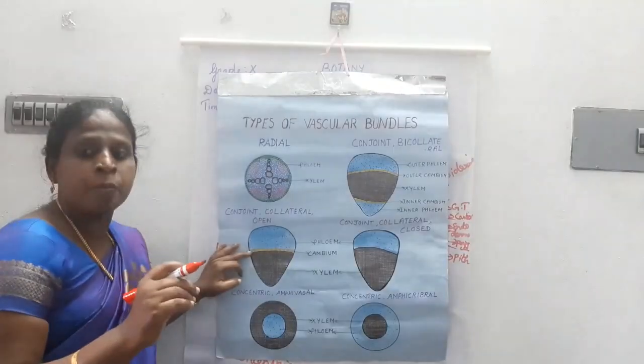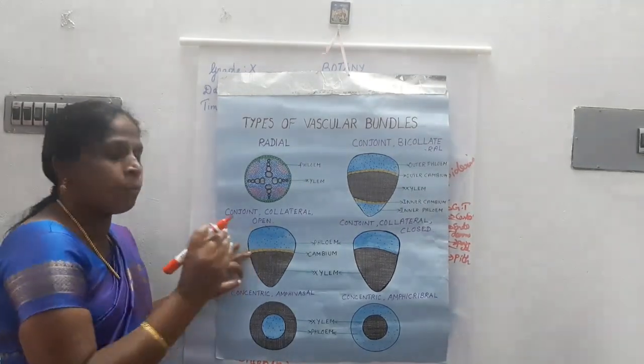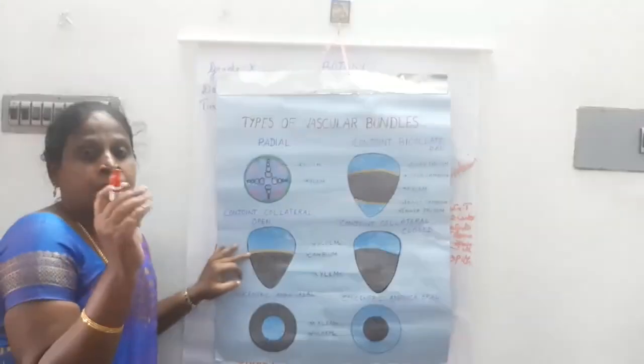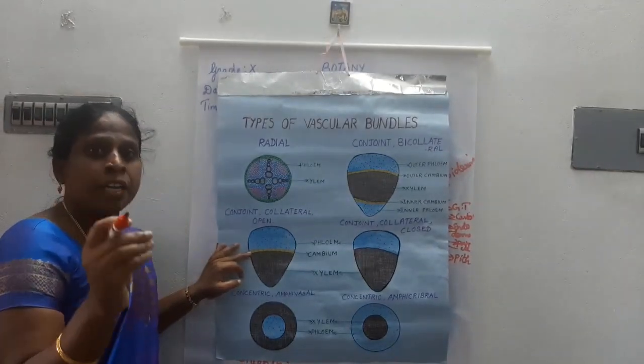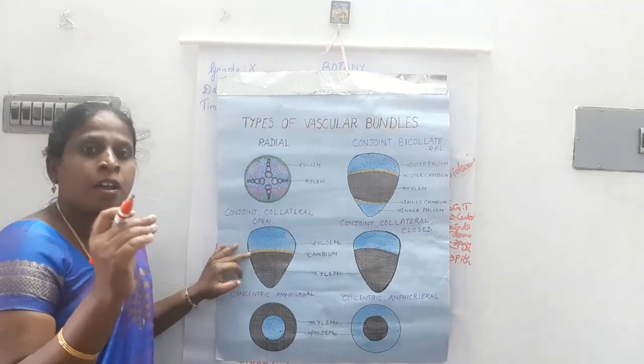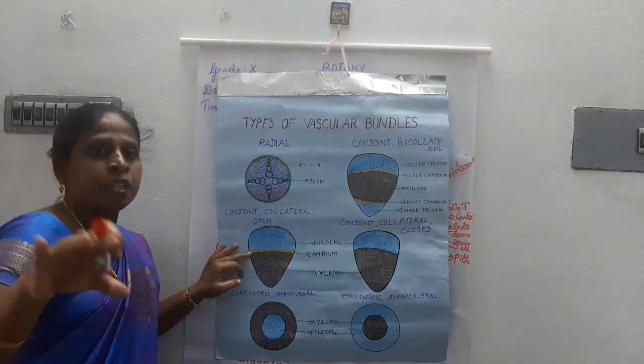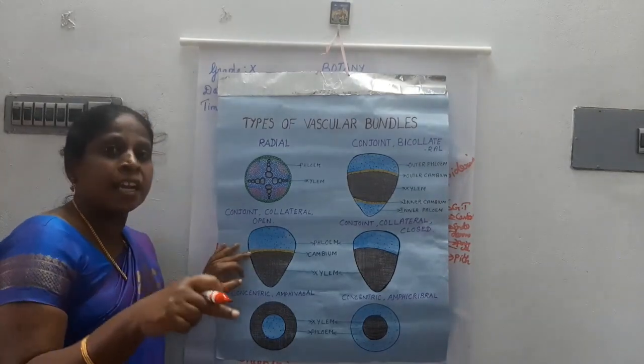What is cambium? It consists of actively dividing cells. It is helpful for increasing the width of the plant part during secondary growth.